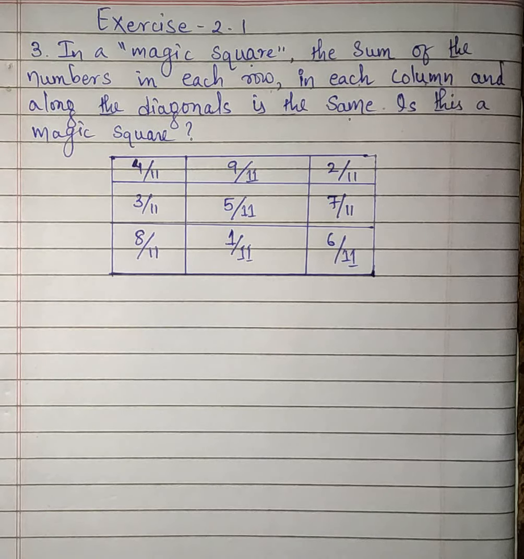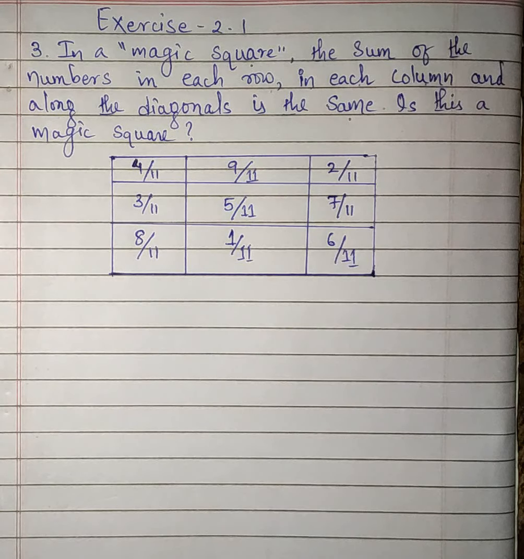I hope you remember in chapter 1 we did this type of problem. Adding each row and column, if we get the same number, then we will consider this box a magic square. If the numbers are different, then we will not consider this square box a magic square.